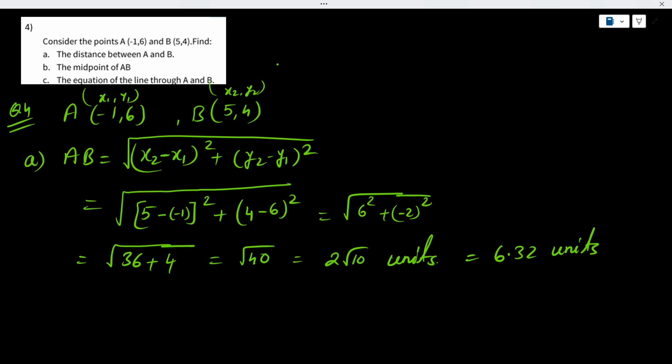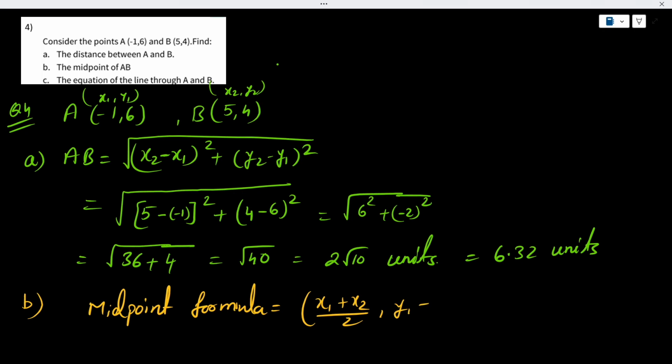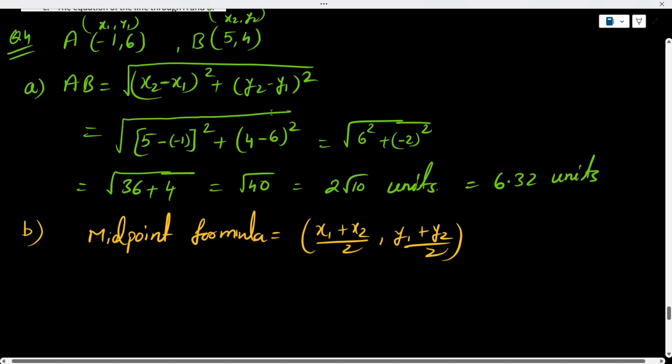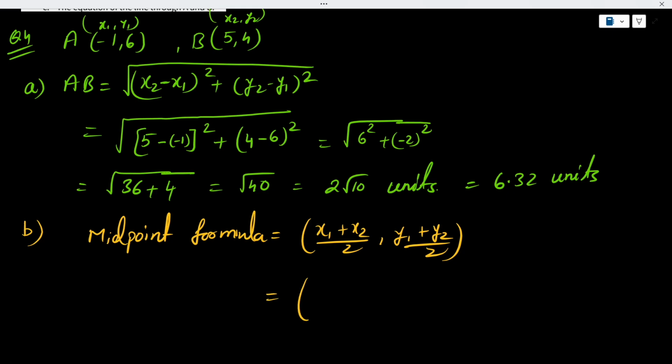How are you going to get the midpoint of AB? Midpoint formula. What is your midpoint formula? You take the end coordinates and you take their average, right? So it's x1 plus x2 by 2 and y1 plus y2 by 2. If I do this, what is the value of x1 here? -1 plus 5 by 2 comma 6 plus 4 by 2.